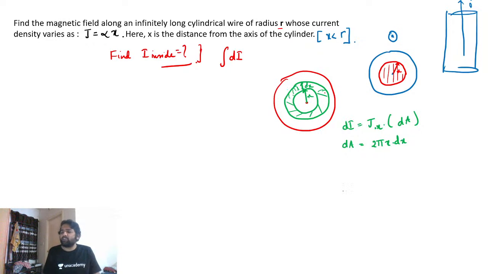That is a standard procedure when you have this kind of problem. dA is 2 pi x dx. So di can be written as, j is given by alpha x, right? Alpha x into 2 pi x dx is di.